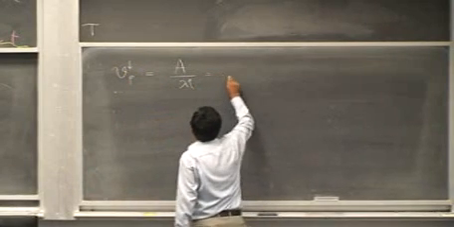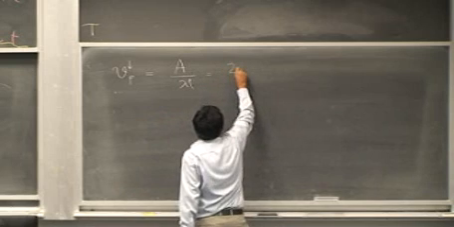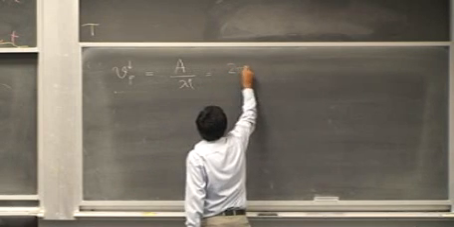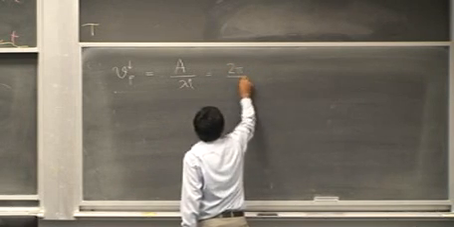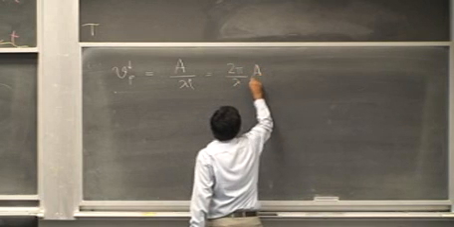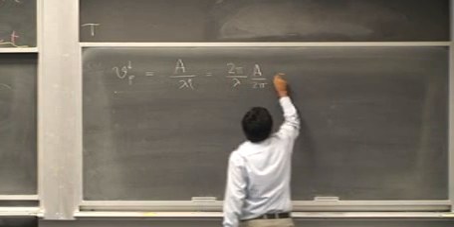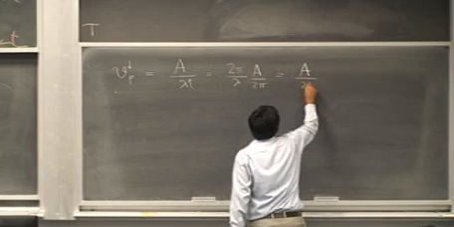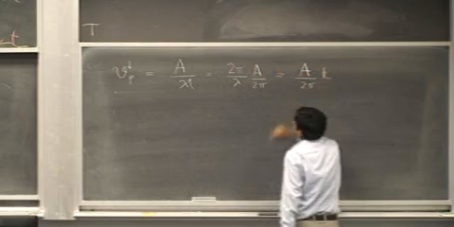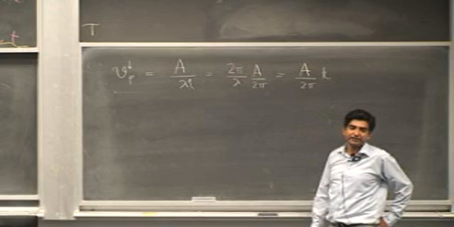I can also write this as A over 2 pi over lambda, which means A over 2 pi into K. Okay? This is the phase velocity.